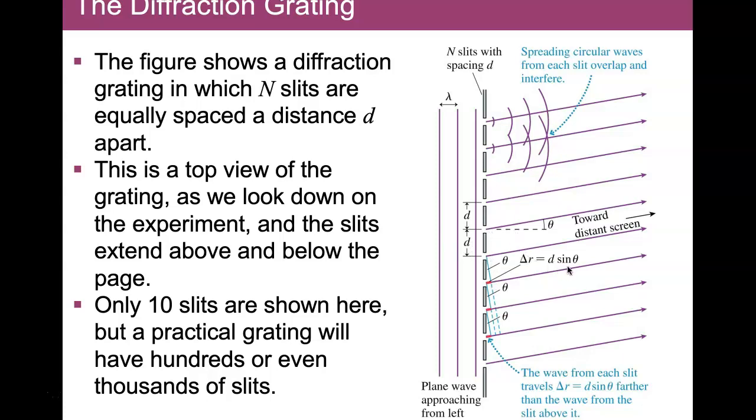To get a bright fringe, we require that d sine theta is an integer multiple of the wavelength, so they're in phase and therefore interfering constructively. Now, if that condition is satisfied, all the neighboring ones have a path difference of m lambda, so they're in phase.